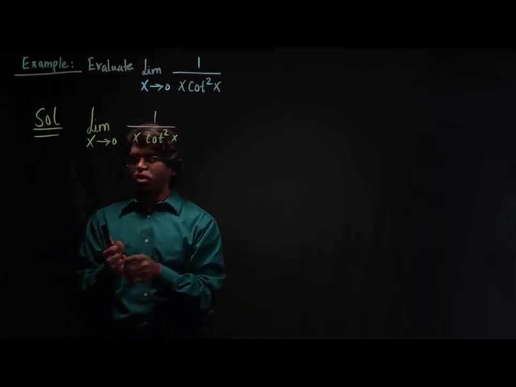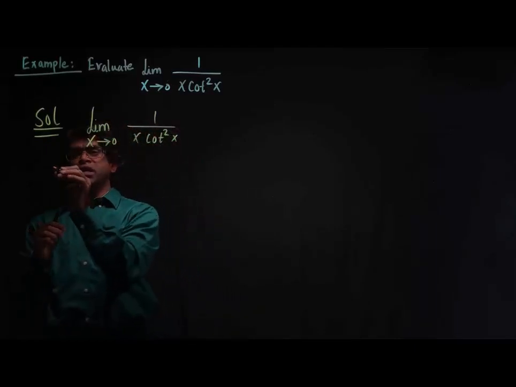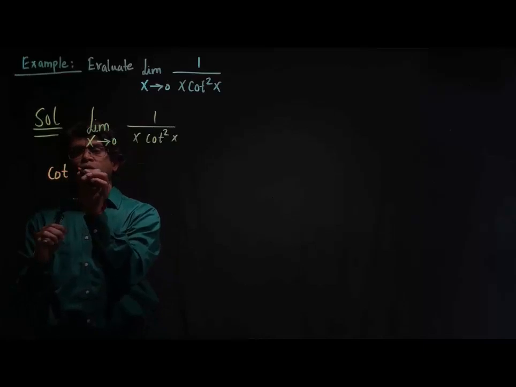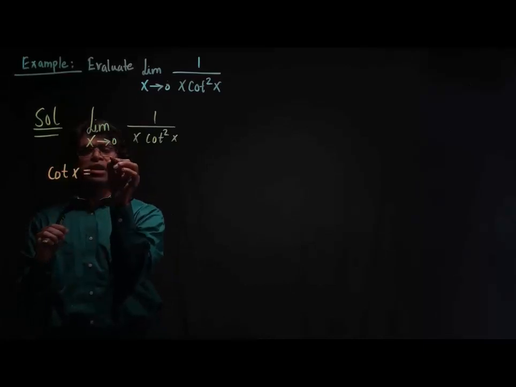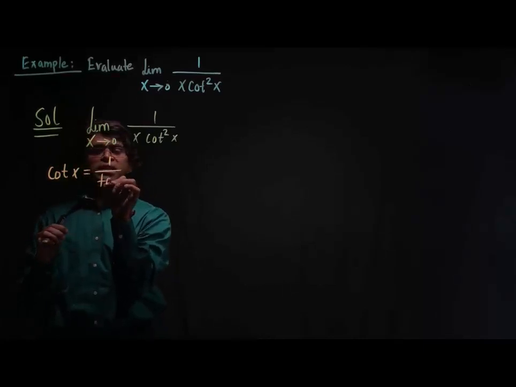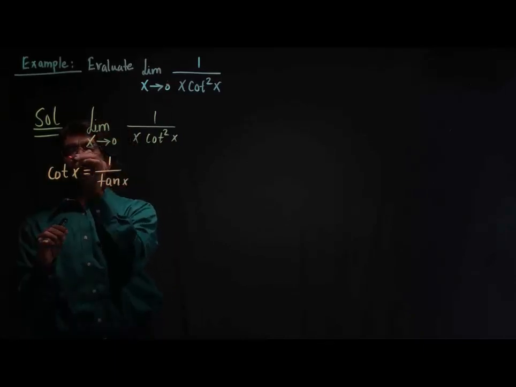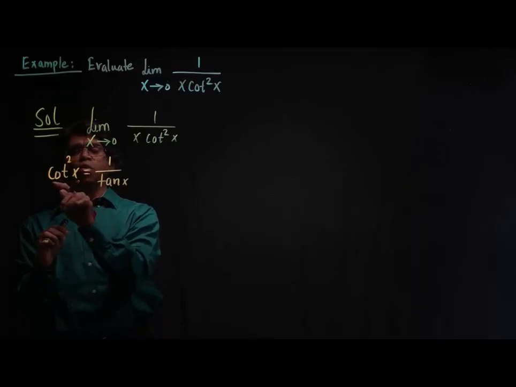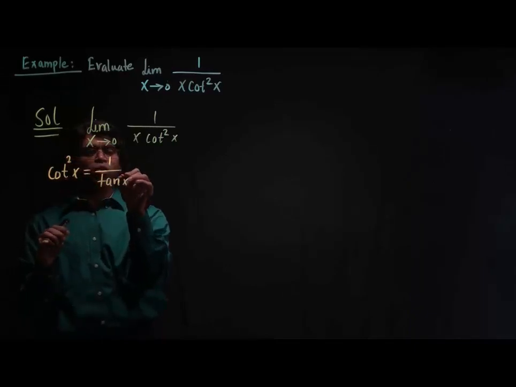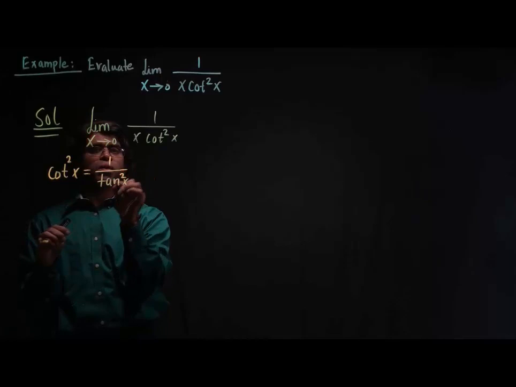Now we all know that cotangent is basically what? Cotangent of x is basically 1 over tangent. So if I'm finding the square of cotangent, then cotangent square will be 1 over tangent square.